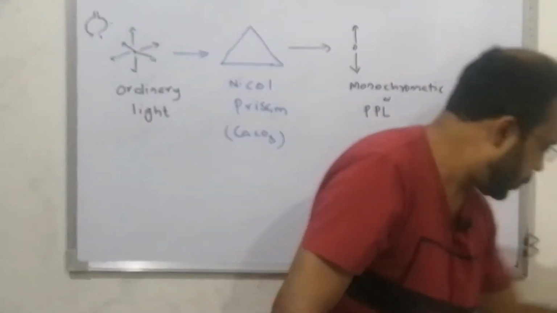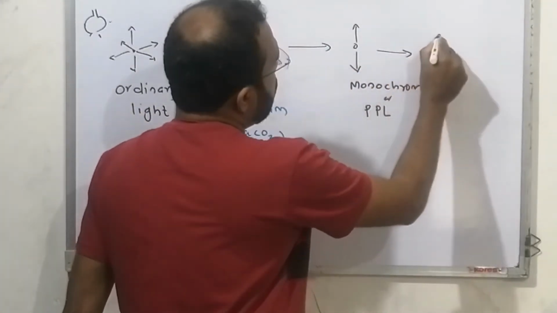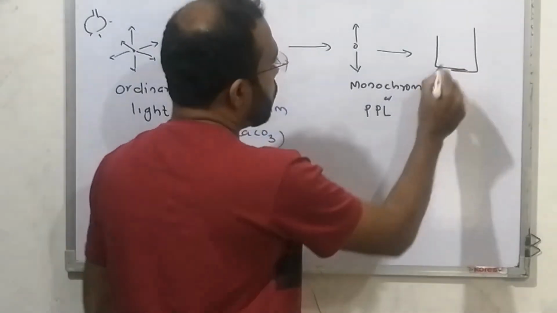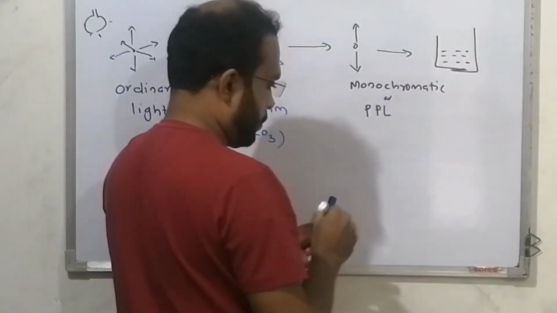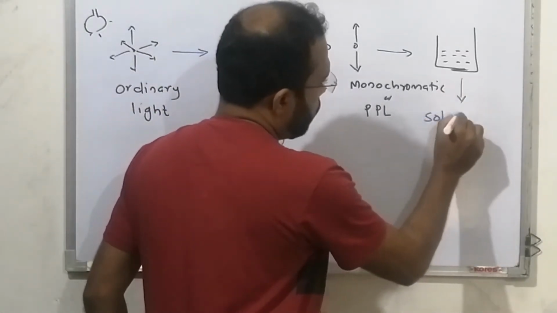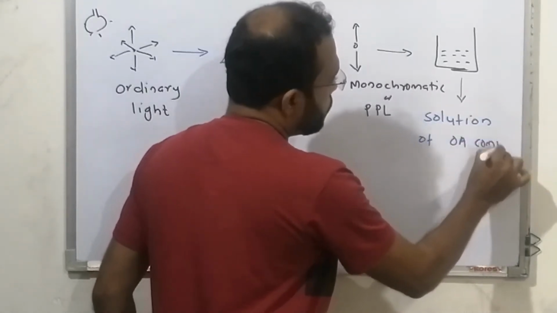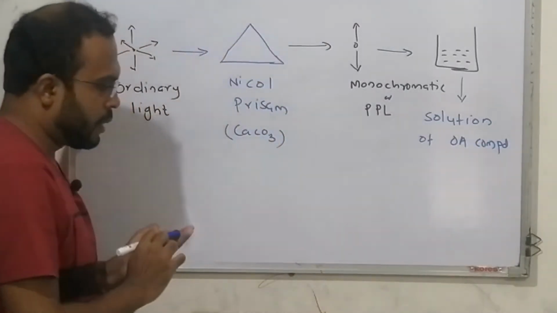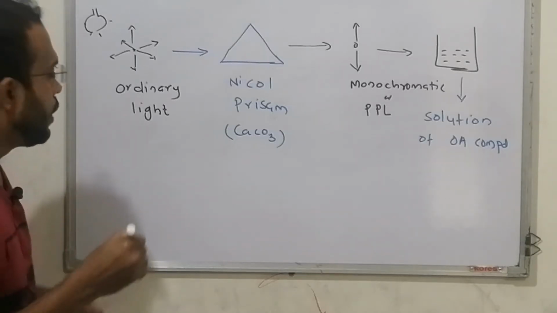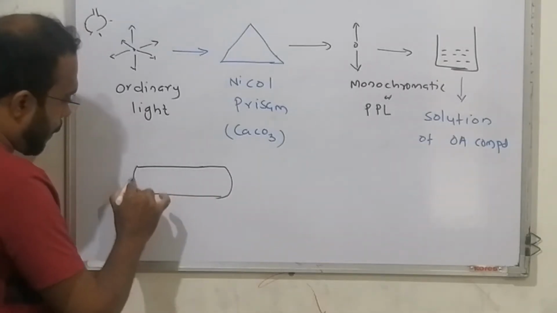Now you pass this light through a solution of an optically active compound. Then you observe the light through what we call a polarimeter.